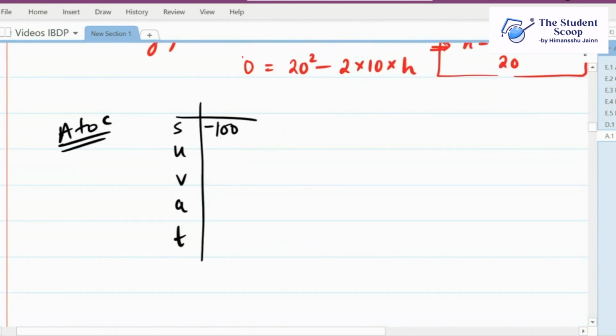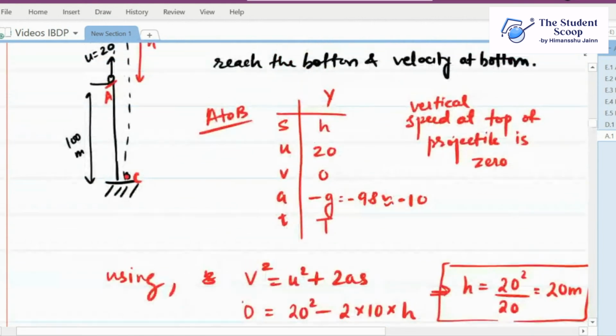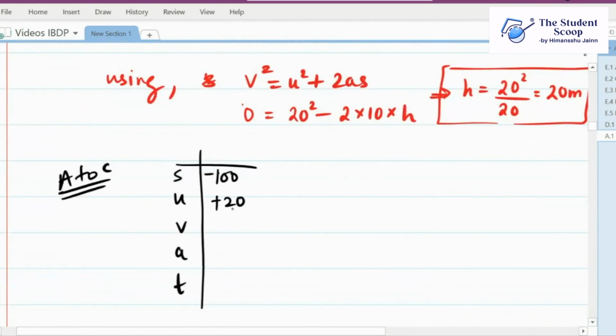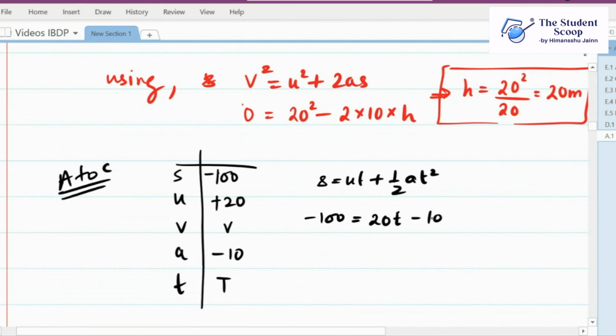From A to C, the initial velocity is plus 20 because it is upward. Final velocity we don't know, so I will keep it as v. Acceleration is minus 10, and the time is something that we need to find. So we can use s is equal to ut plus half at square because there is only time as the variable. So this will be negative 100 is equal to 20t minus half times 10 times t square.